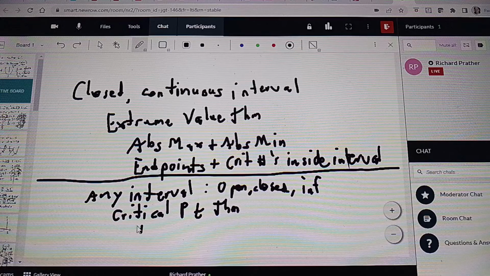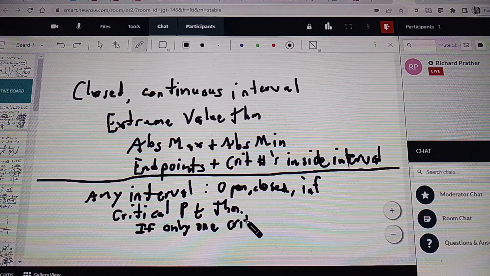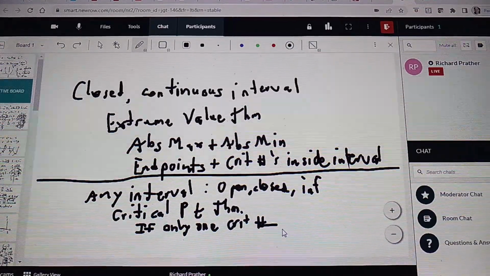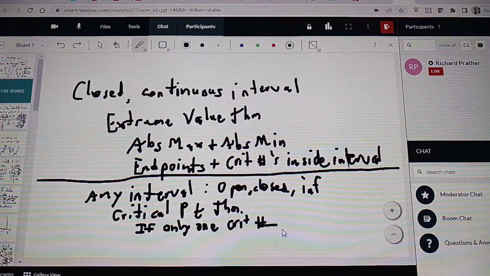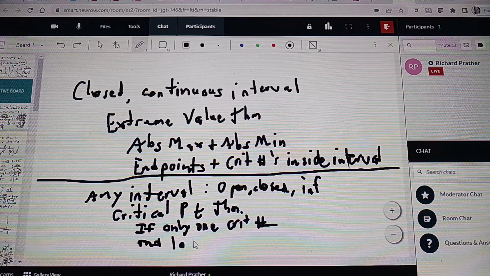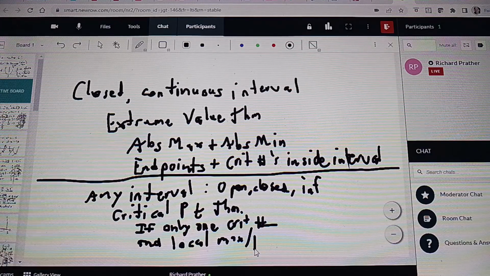If there's only one critical number in this interval, even if there's other critical numbers that exist outside the range, doesn't matter. But if there's only one critical number in your interval, and if you check whether it's a local max or min, and it turns out to be a local or a relative max or min, then by default, it will automatically also be an absolute max or min.